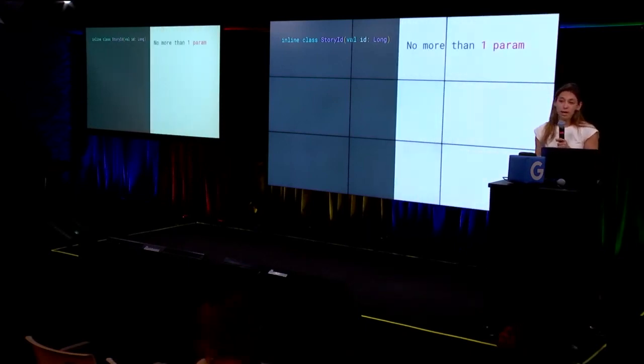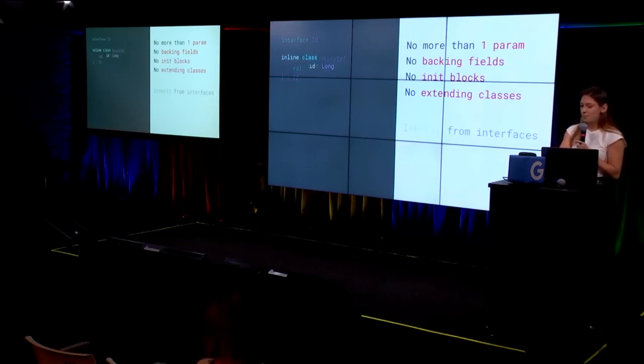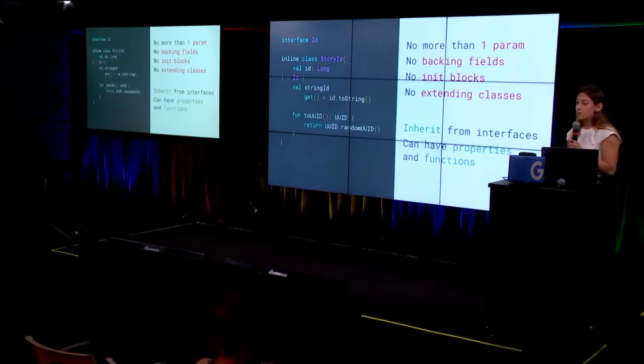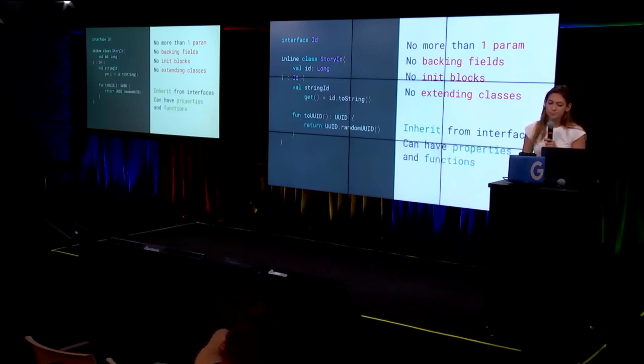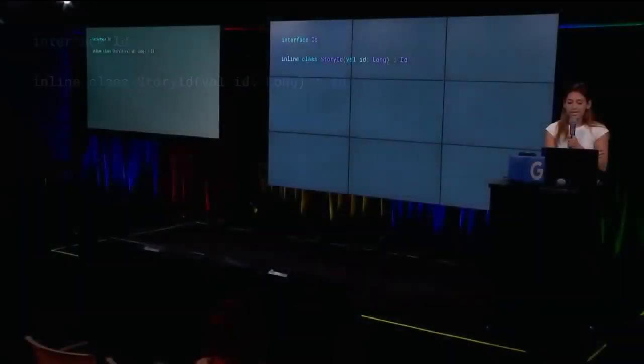You're not allowed to have more than one parameter, backing fields, or init blocks, and you're not allowed to extend classes. But you can inherit from interfaces, and you can have properties and functions. For example, we can inherit from an interface ID and create our class.